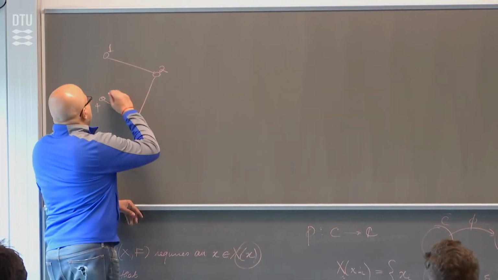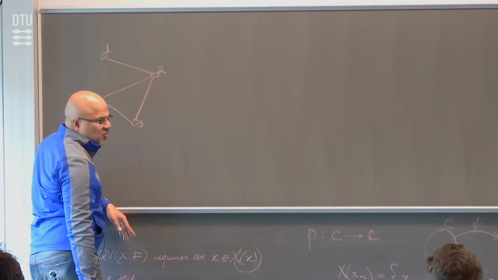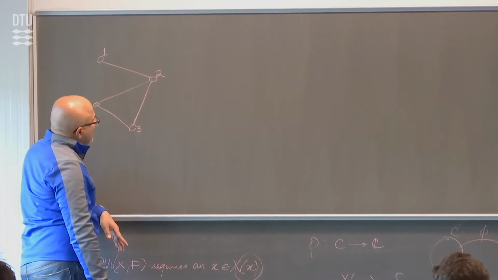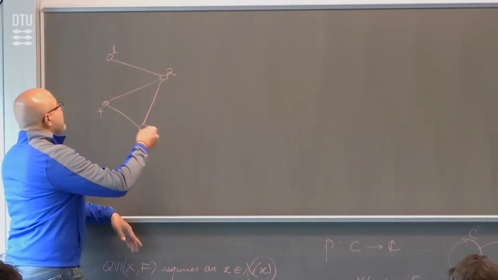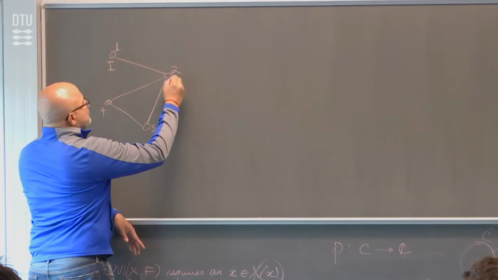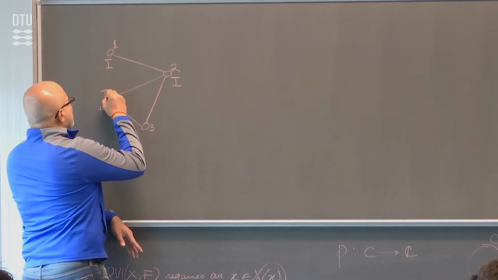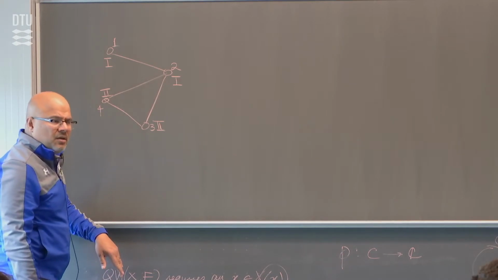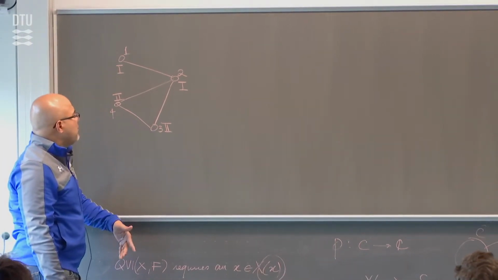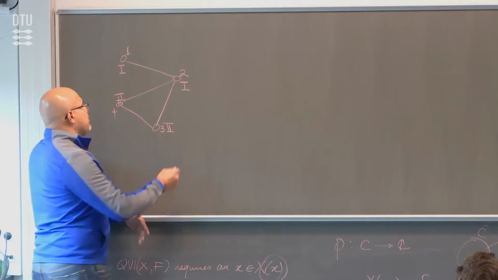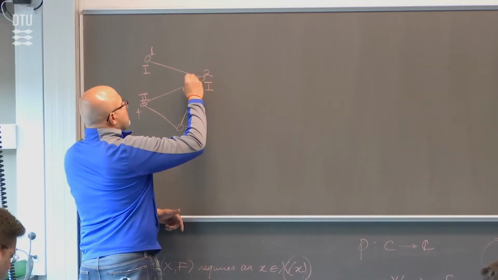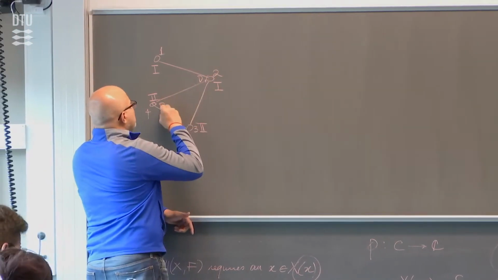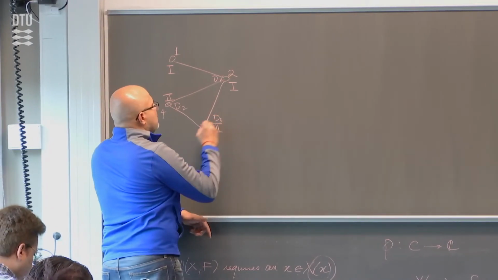I don't know, maybe you have something like this, maybe you have some loops or whatever. Now, agent 1 has generation resources here, agent 2 has generation resources here. Now, what happens is that you have demand at maybe nodes D1, D2, and D3.